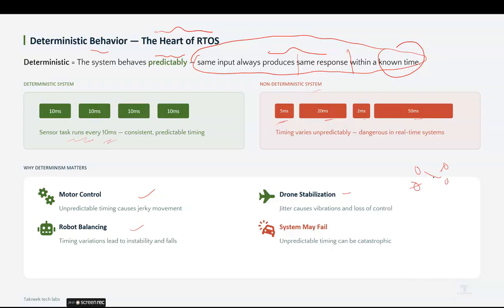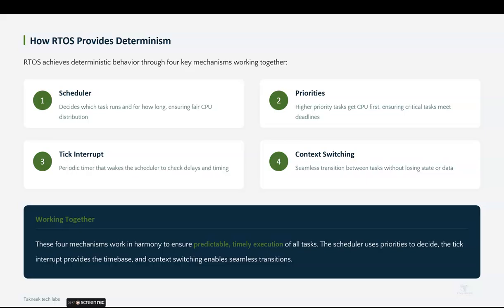If some wind came in this direction, and your drone didn't stabilize, it will topple down, and the drone can get damaged. So you need stabilization at every moment, the same response and at the same time, right? The system may fail, unpredictable timing can be catastrophic.